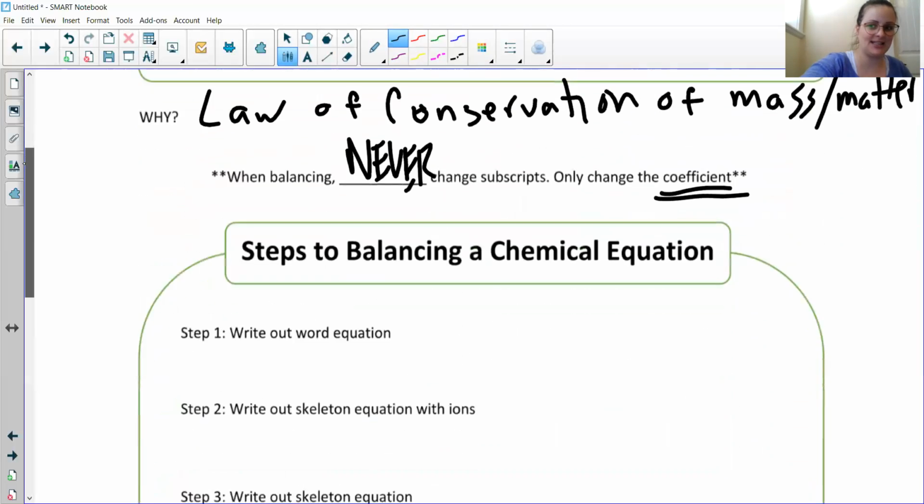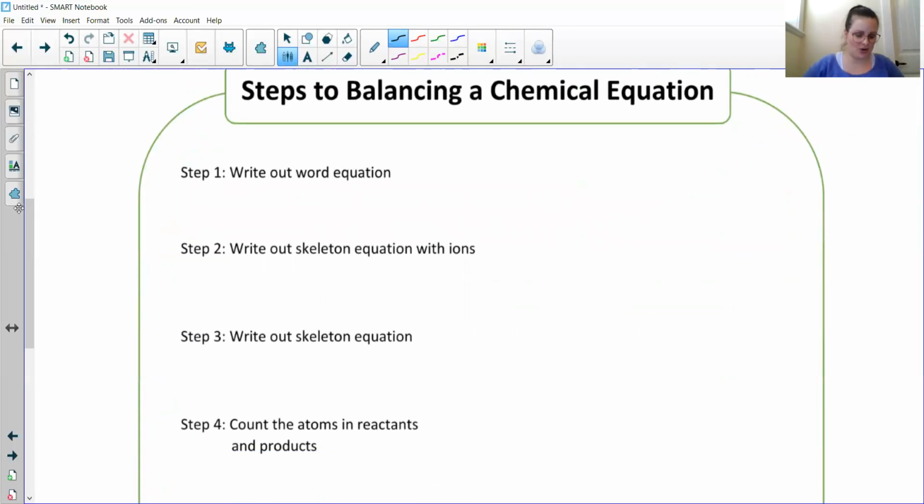So let's look at an example here. I'm going to write out a word equation. We're going to go through the entire process of going straight from the words all the way to the balanced chemical equation. So if you have sodium bromide react with chlorine gas to produce sodium chloride and bromine gas, what is the chemical equation?